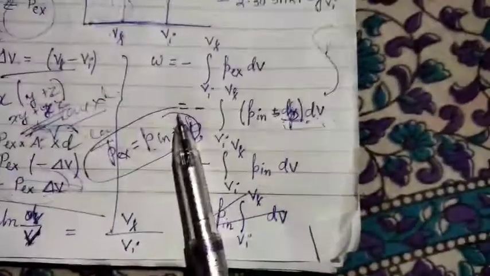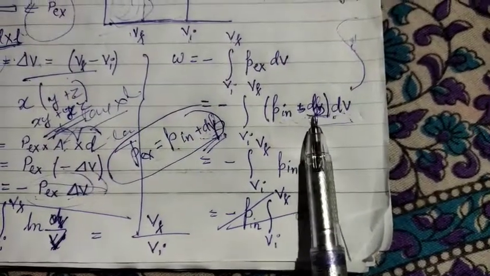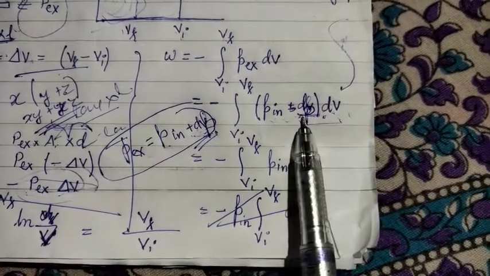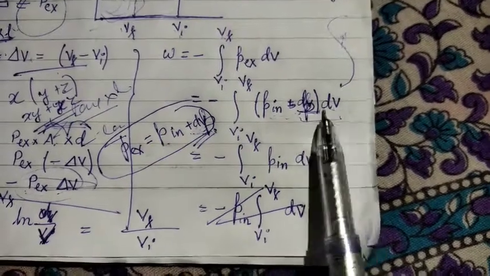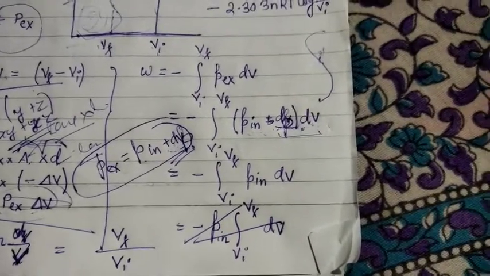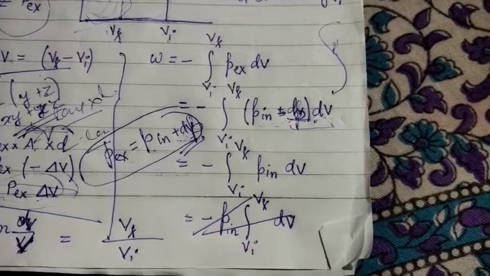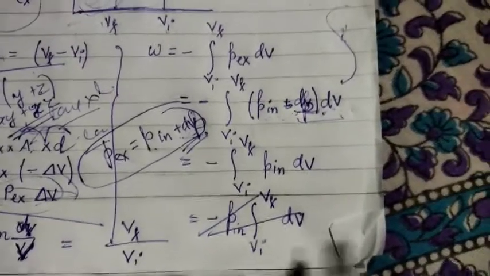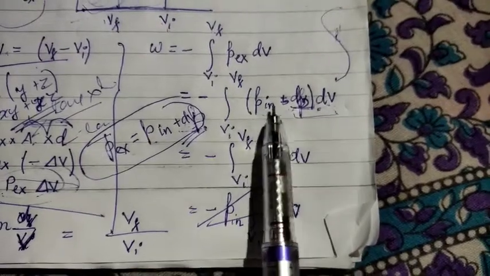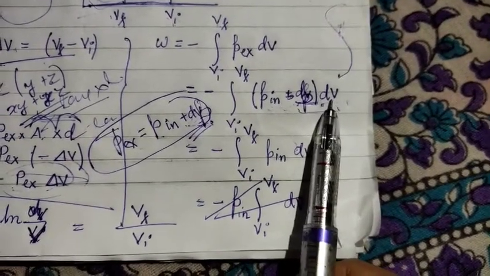It means dP, which is already small, multiplied by dV, which is small, gives a value that can be neglected. You don't have to write it. What is left is only P internal into dV.